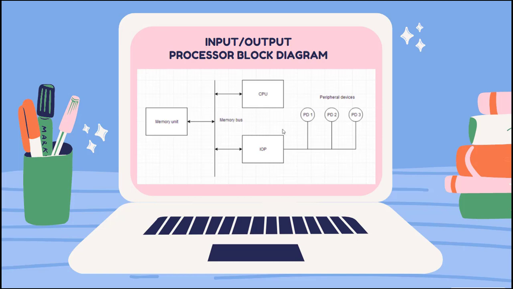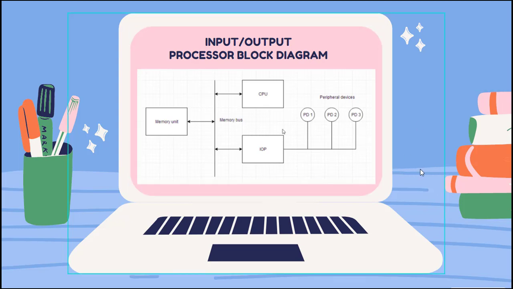Also, here, the communication between the IOP and the devices is similar to the program control method of transfer, and the communication with the memory is similar to the direct memory access method. In large-scale computers, each processor is independent of the other processors, and any processor can initiate the operation.